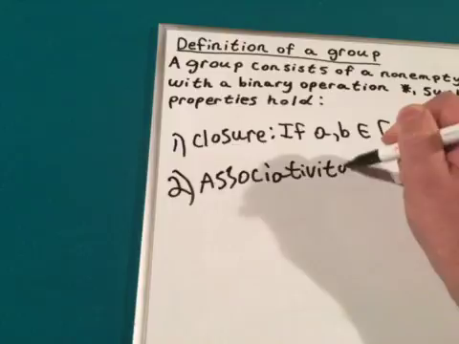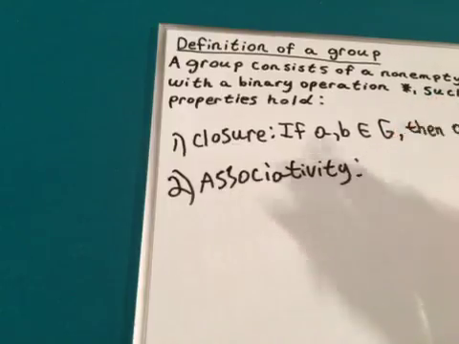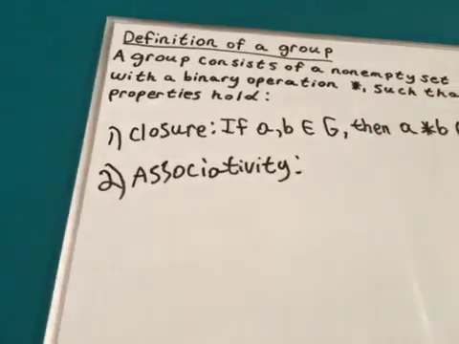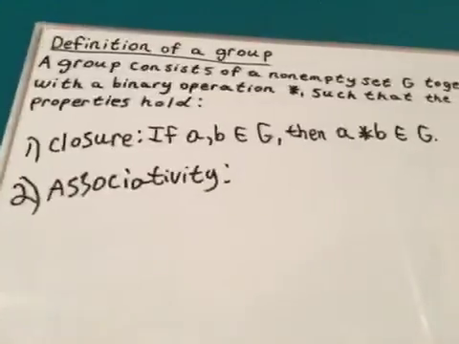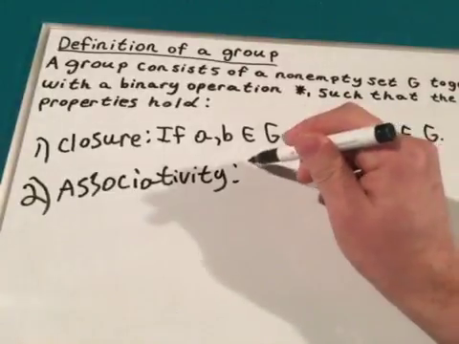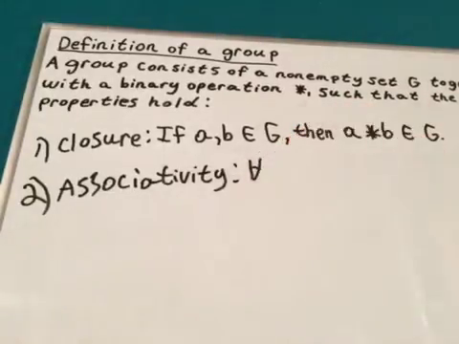The second is associativity. What does that mean? We're going to say for all, and this upside down A just means "for all."